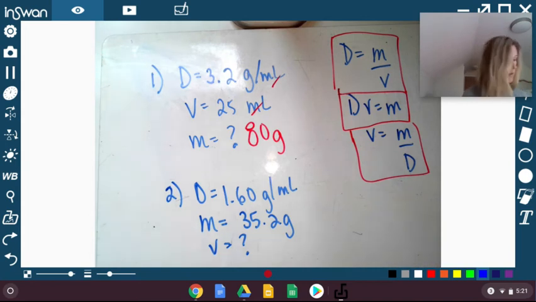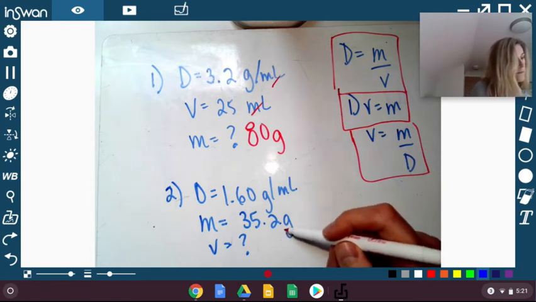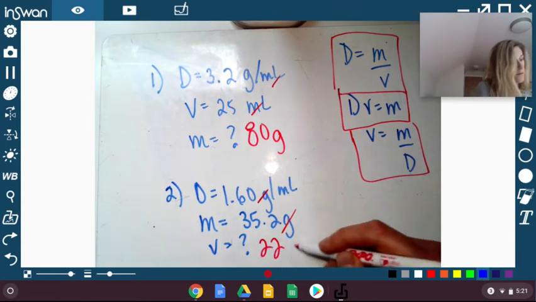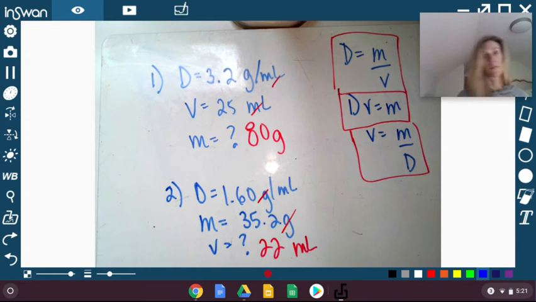So if you plug that in, you get 22. And then remember, this is volume. So when we divide, we are going to get rid of your grams. So 22 milliliters would be your answer. That's for number two.